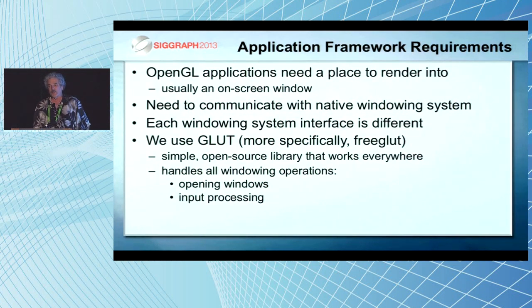Now, there's some available software for each system that you can think of as the glue that ties the system dependencies to OpenGL. And as you might think, it's different for each system, whether you're running on a Mac or on Windows or on your cell phone.